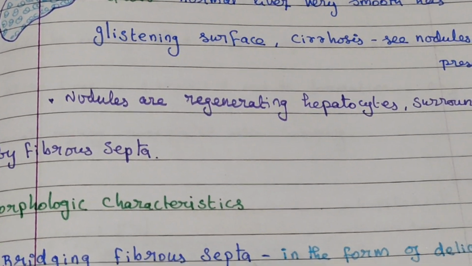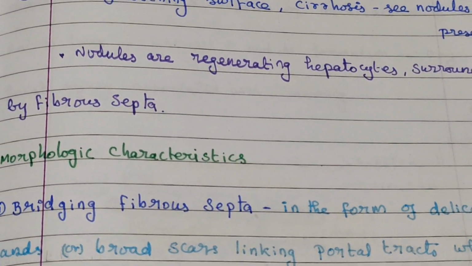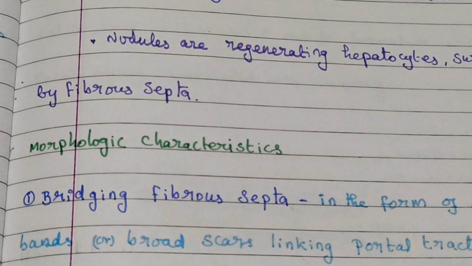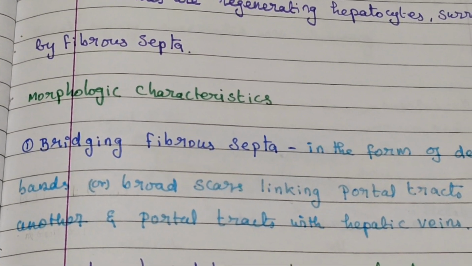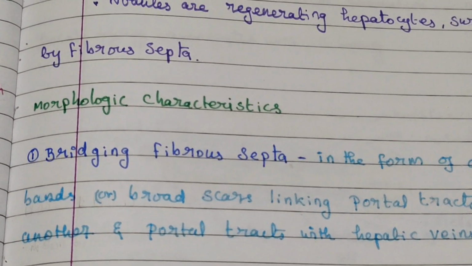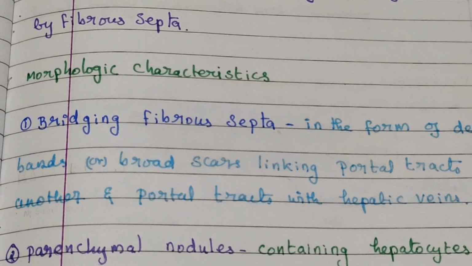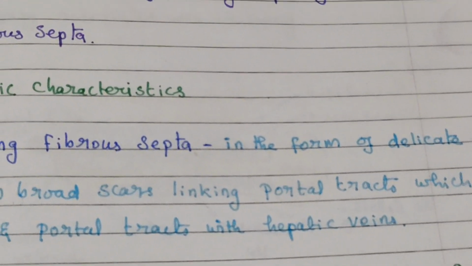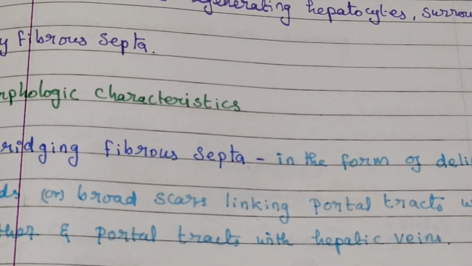Firstly, what are the defining features of cirrhosis? Cirrhosis is defined by three morphological characteristics. First is the bridging fibrous septa. How will we say the liver is cirrhotic?